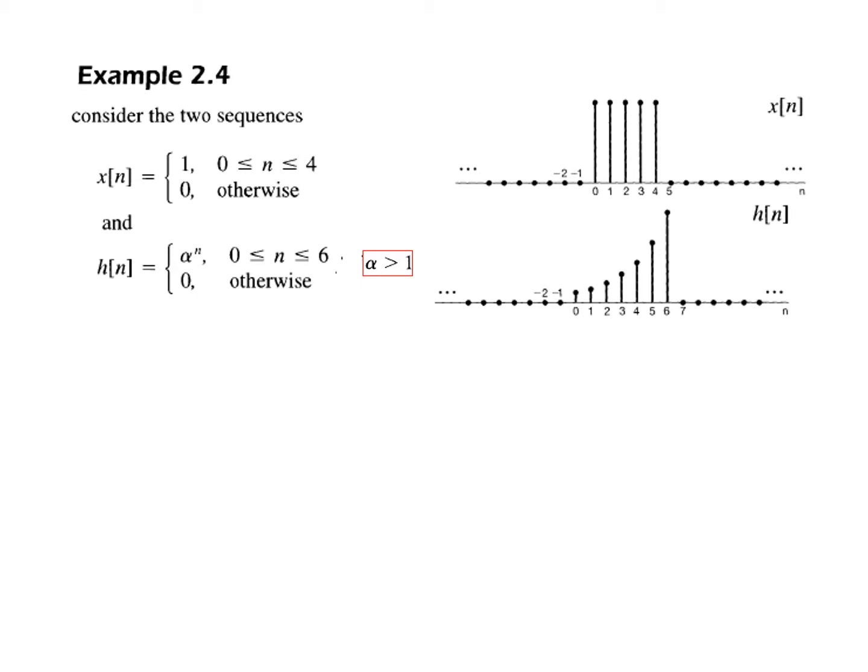The other signal is h[n]. h[n] is a to the power n, that is, it is exponentially increasing as n increases, starting from n equals 0 and ending at n equals 6. So from 0 to 6 it is exponentially increasing, and at all other places it is 0.